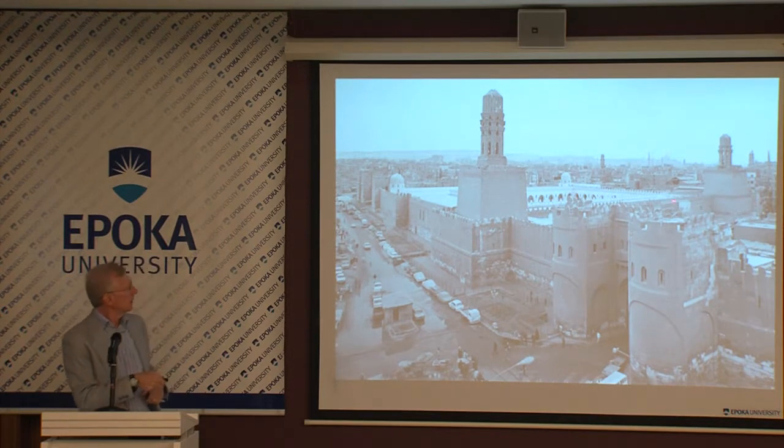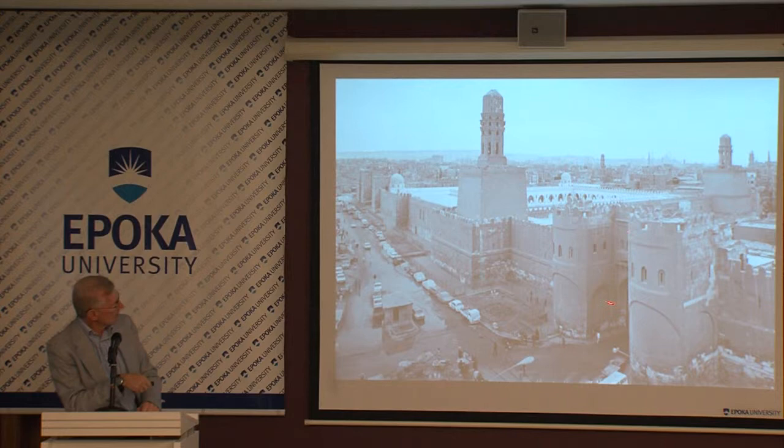This is the same mosque that we were looking at, the Mosque of Al-Hakam, and in front of it you have the wonderful gates that were built later in the reign of one of the succeeding caliphs, Al-Mustansir, in 1075, some of the best military architecture of that period around the Mediterranean.